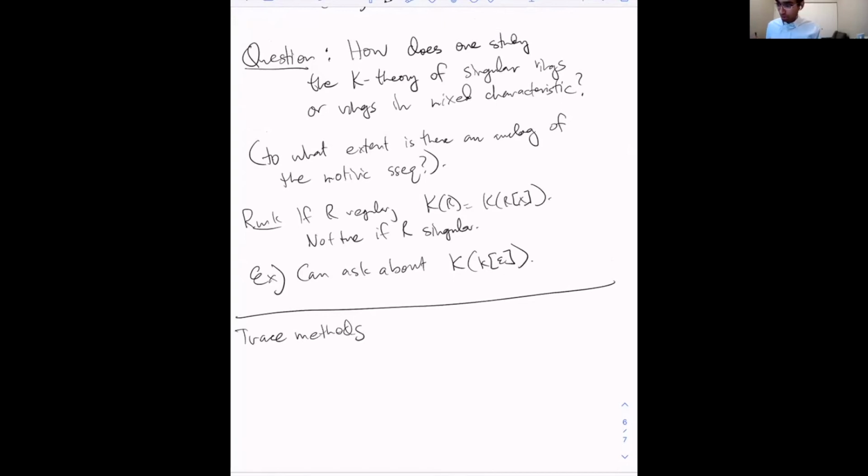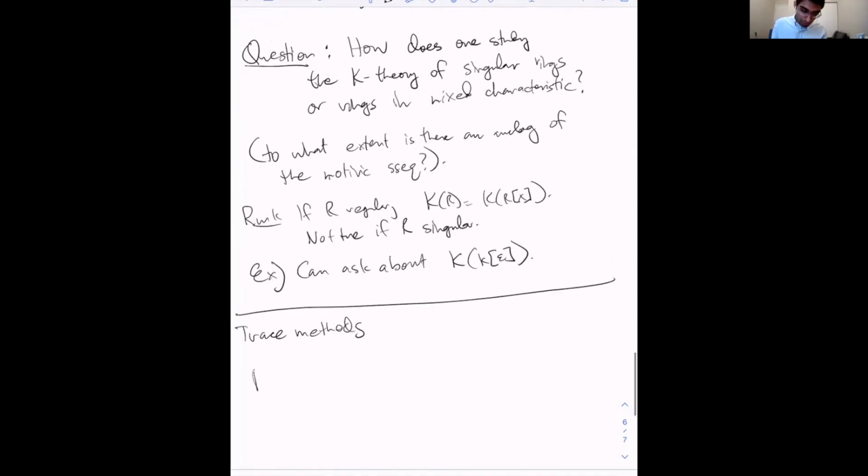Trace methods. The starting point of the theory of trace methods is another type of construction that one can do for a ring, that a priori looks very different. This is called Hochschild homology. Trace methods are tools based around this definition of Hochschild homology.